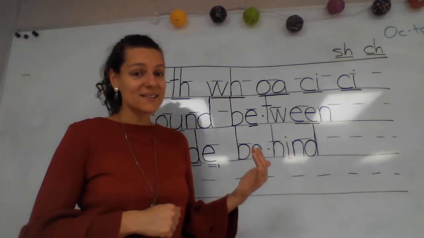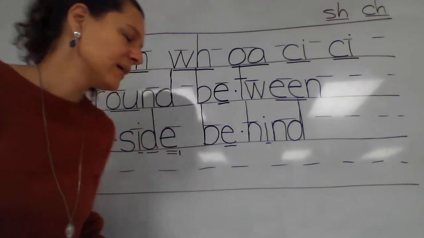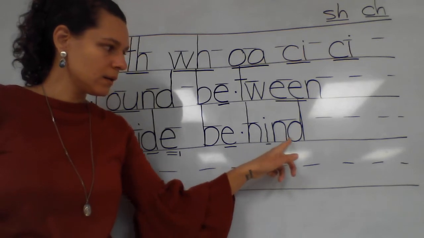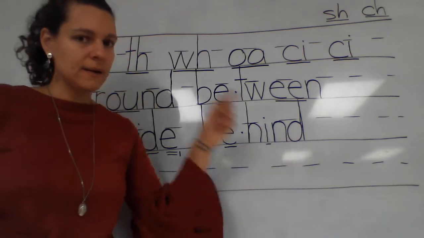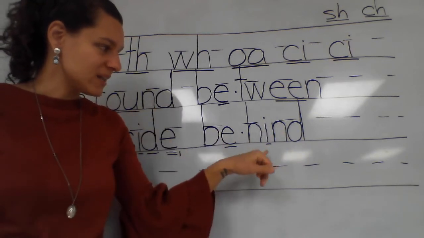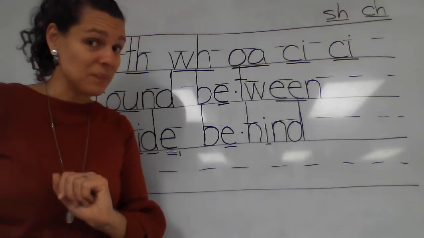All right, and now let's read it. Good, it's behind. I hope we're paying attention to the markings. That's why we do them, so we know that this is saying its name.